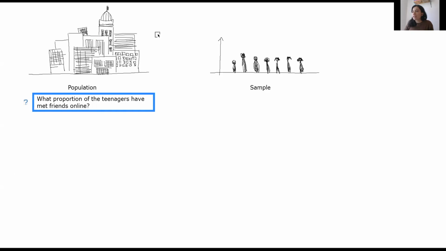So instead, what we end up doing is we select a sample and we ask a similar question now from the sample. So what proportion of the teenagers have met someone online? But we are going to ask that from the sample instead, right? And so what we end up doing is we create a question for a sample that will help us answer this question for the population.